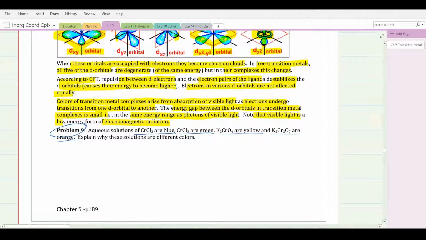And this creates a difference in the energy of the d orbitals between the different compounds. Hence, different wavelengths of light, different energies of photons will be absorbed in the different compounds.